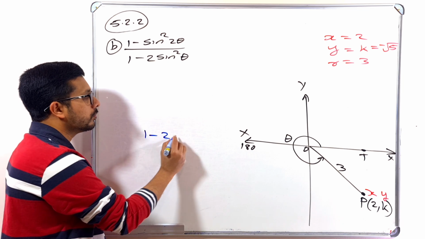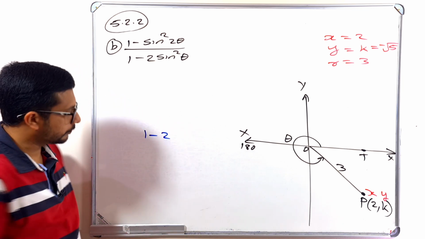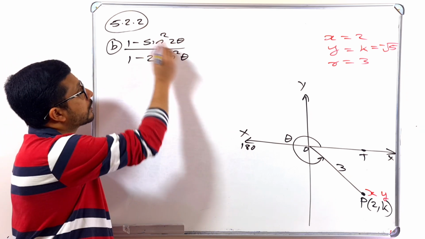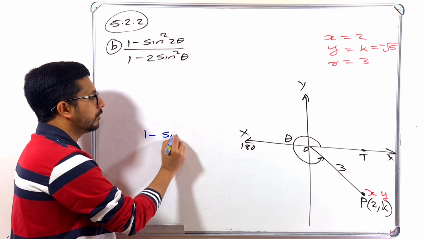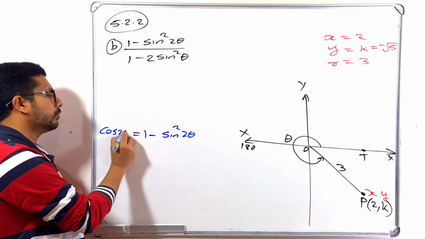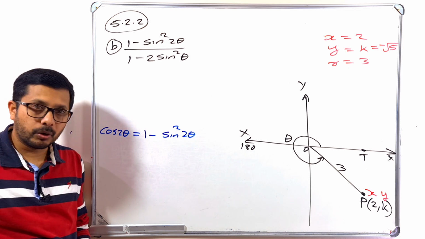I studied something like this, 1 minus sine squared 2 theta is cos 2 theta. Actually, is it like that you studied? No, it is not.